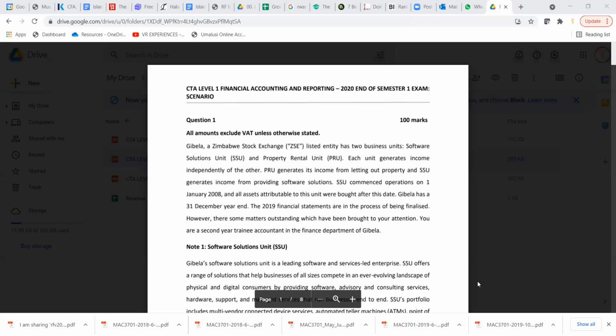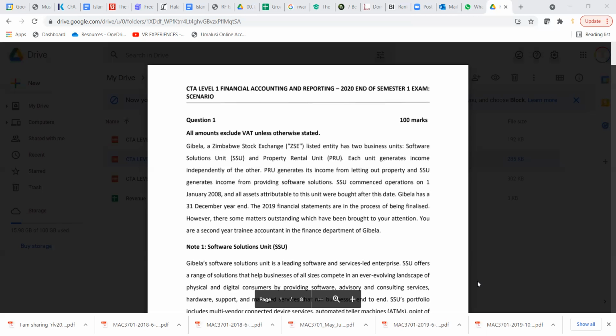In this scenario, they did not say the accounting standard. So we need to first identify which standard it applies to. Once we identify it, we use the standard to discuss the accounting treatment. So just make sure you pick up that subtle difference.